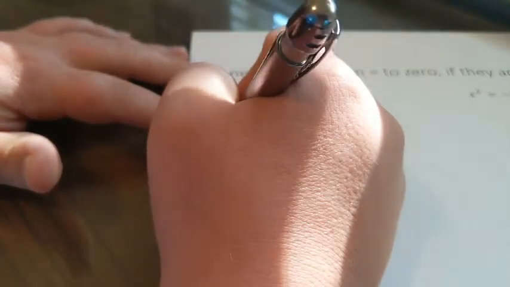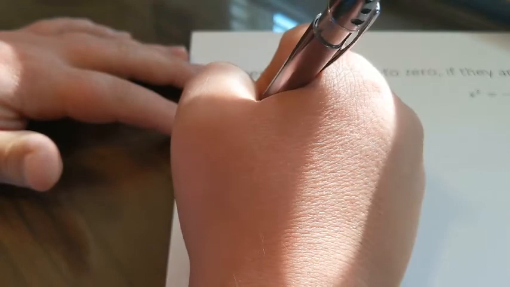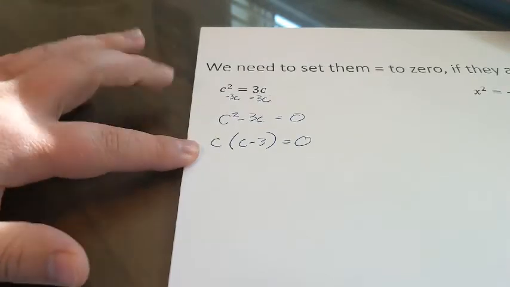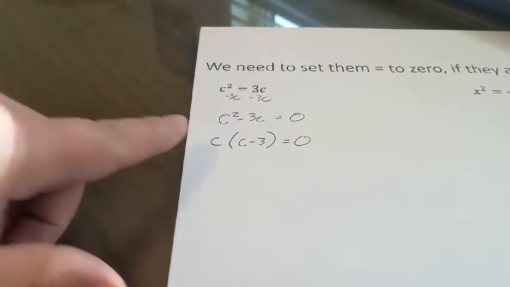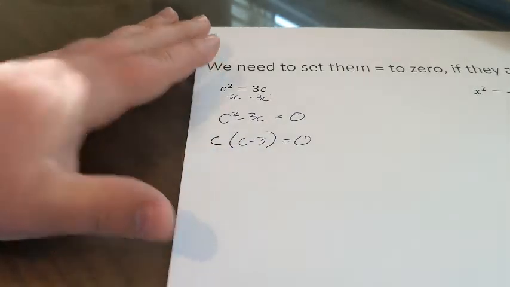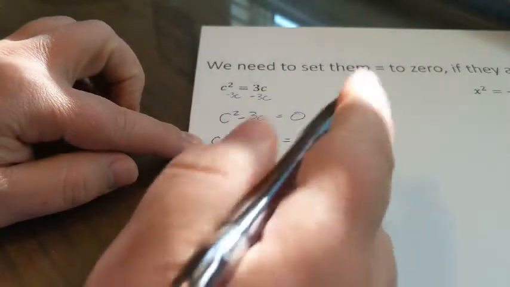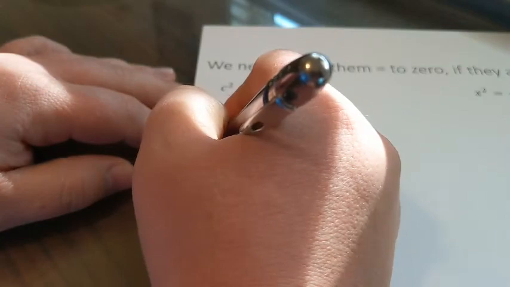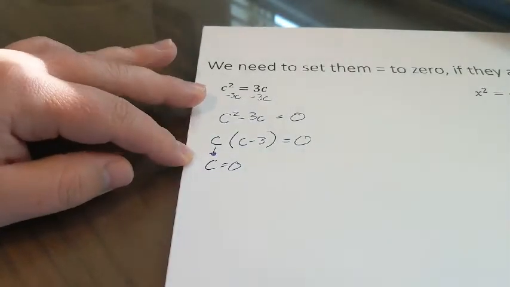So we put a c here, and then we have c minus 3 equals 0. We still have two things being multiplied by each other. So we set the first one equal to 0, which is easy: c equals 0.